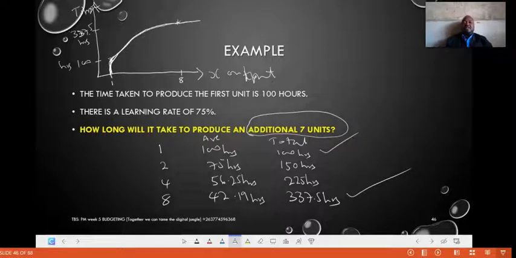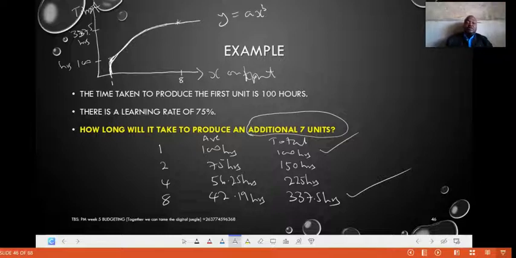It's curved, somewhat convex. So there is a formula we will be using to estimate this, which is normally y is equal to ax to the power b. That's the equation. It's an exponential function.